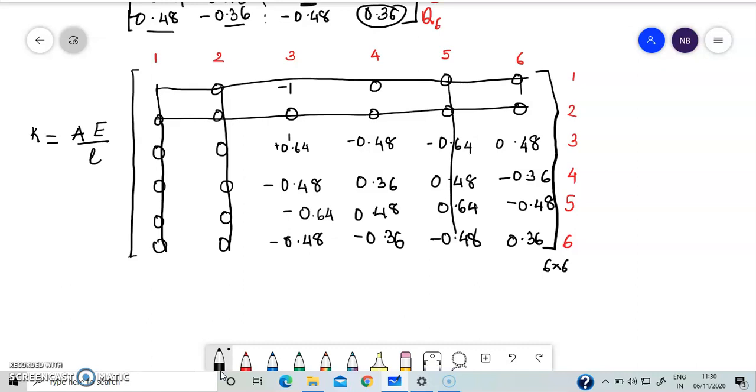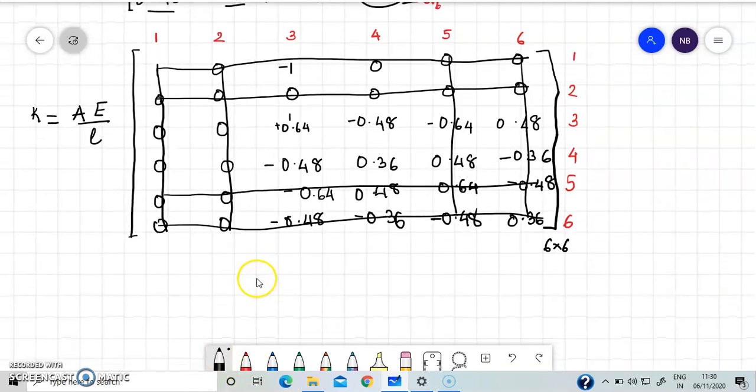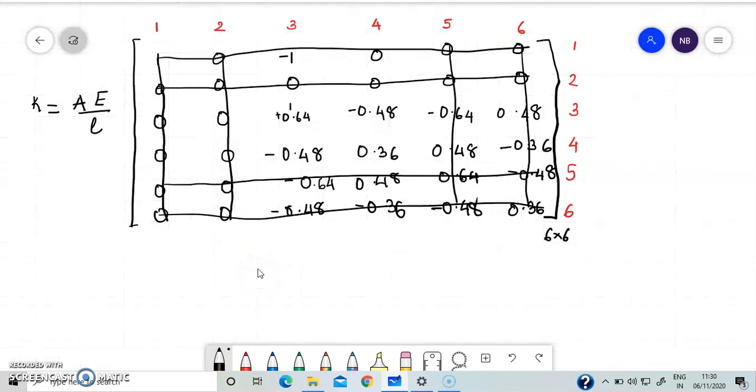So column 5, column 6, row 5, row 6 is eliminated. So when we are writing in the form KQ equals F, we will be left with only a 2 by 2 matrix, minus 0.48 and 0.36.